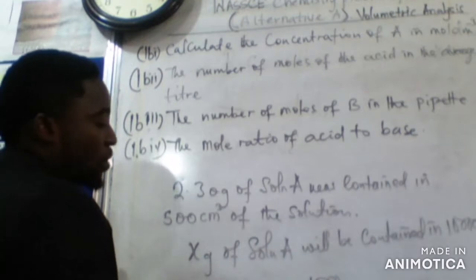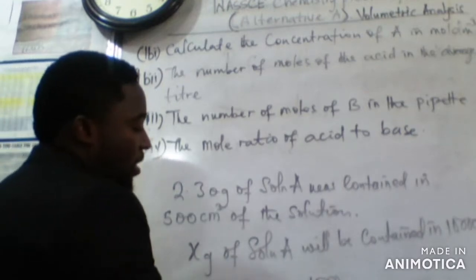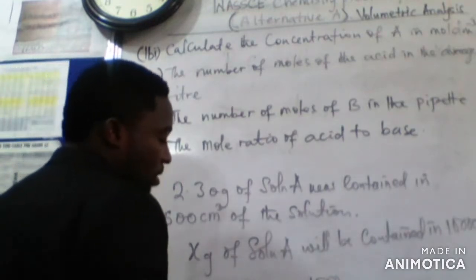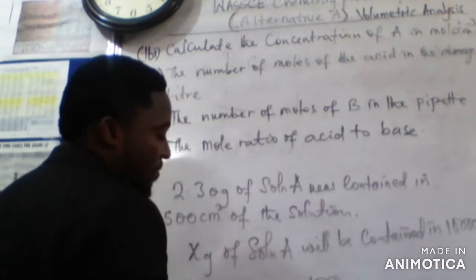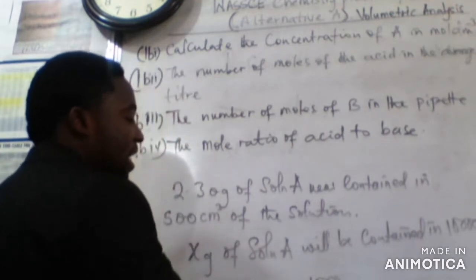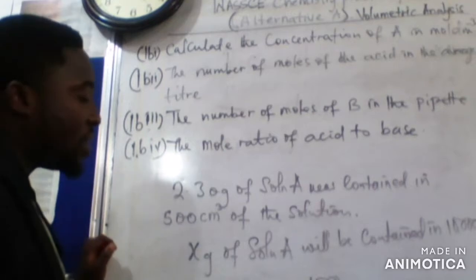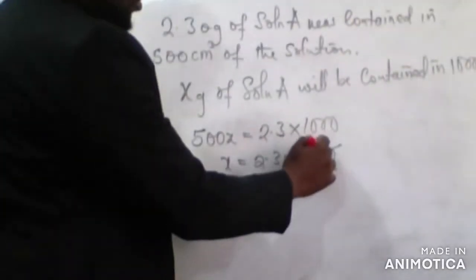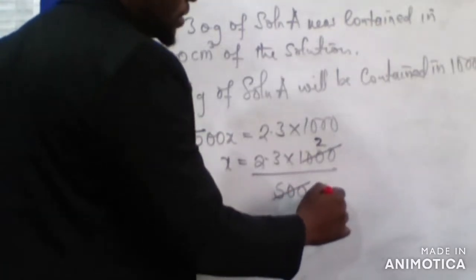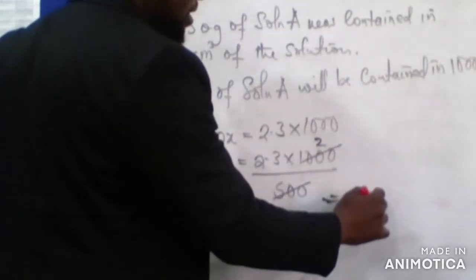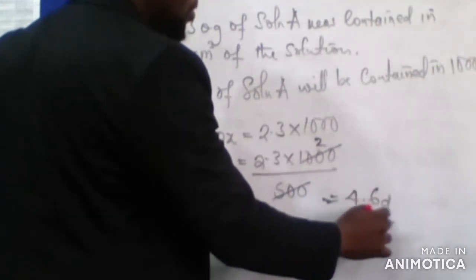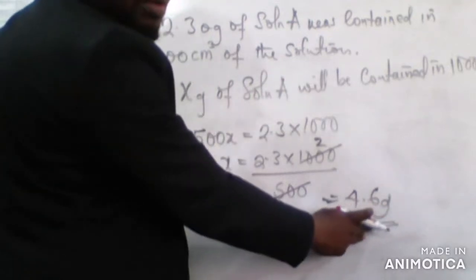So x will be equal to 2.3 times 1000 divided by 500. 1000 divided by 500 gives you 2, so 2 times 2.3 will give us 4.6 grams. So this is the mass concentration of A.